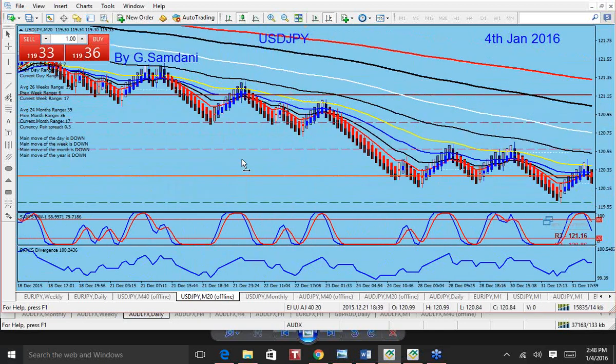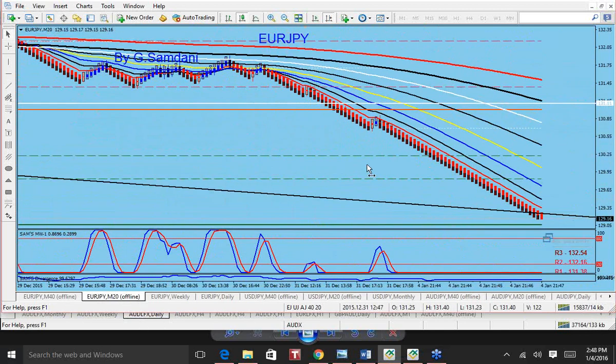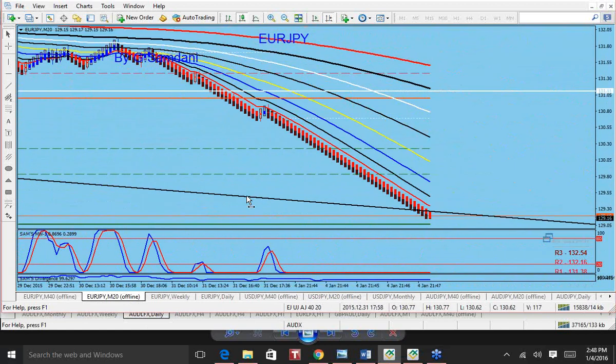So this is what happened. London, Frankfurt, you get ready, you start looking around at what's happening, and in London usually you get all these entries, and you simply need to take those entries. That's all. Here you can see how nice this one, this one, this one, all these entries. After that, gone with the wind.